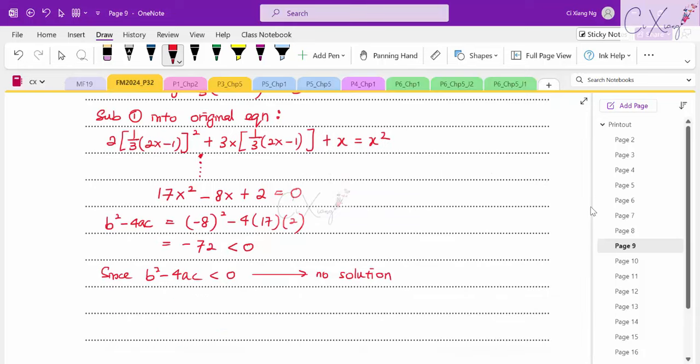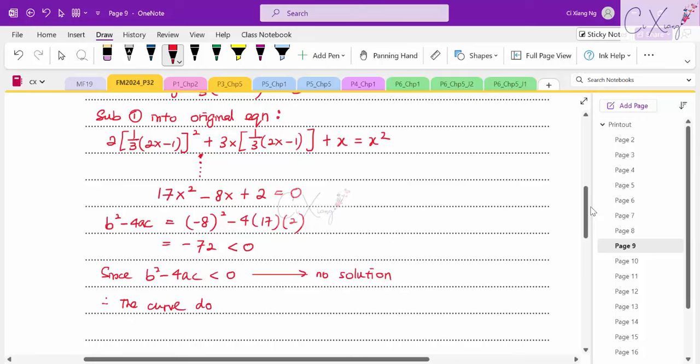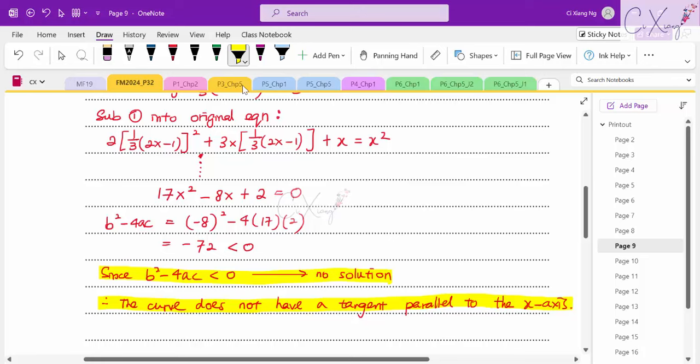Which also successfully proves that the curve does not have a tangent parallel to the x-axis. Basically I'm using the discriminant method to prove that the curve doesn't have any solution.